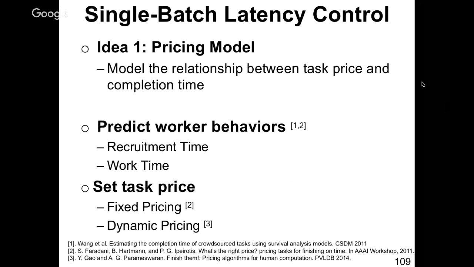Then you can set the proper price for those tasks, and you can set a fixed price. Aditya and his student invented a very, very cool idea called dynamic pricing. That is, it dynamically sets a suitable price for each task. They show that it can further reduce the total cost you need to spend.